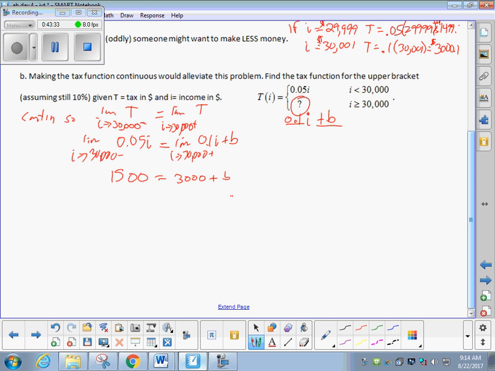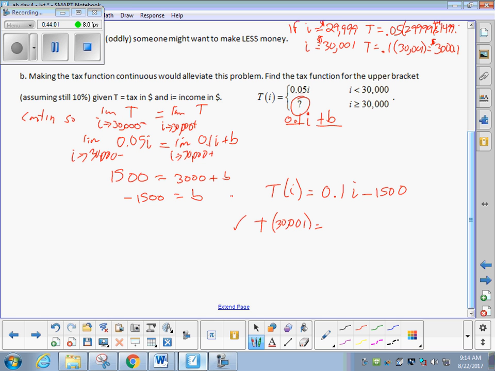Now we need to shift it down. B needs to be negative 1,500. And so the upper tax bracket function needs to be 0.1 times the income, take away 1,500. Now, just to verify that that makes sense, what about that 30,001 joker now?